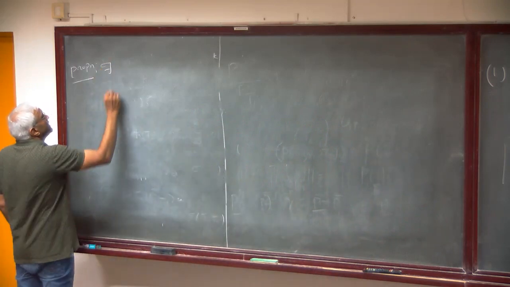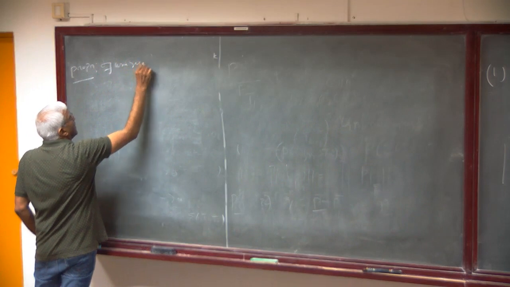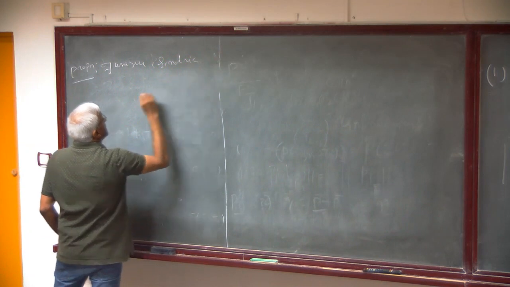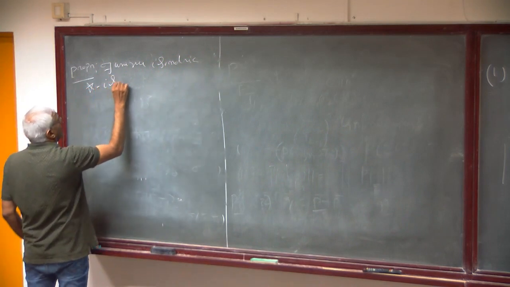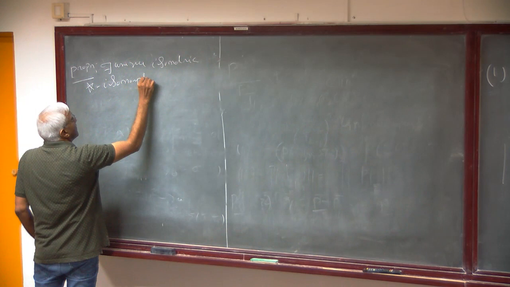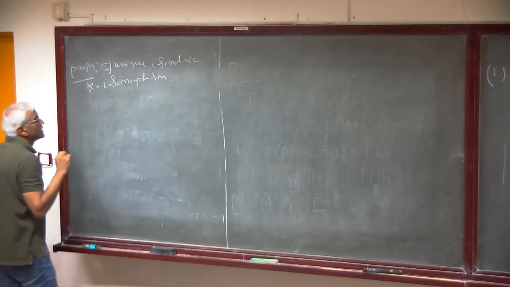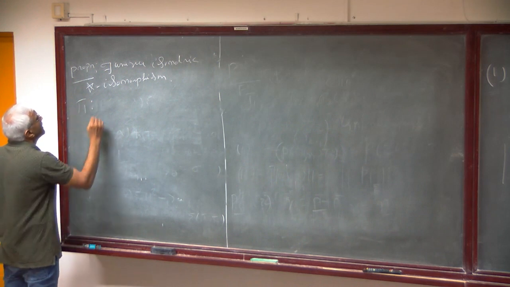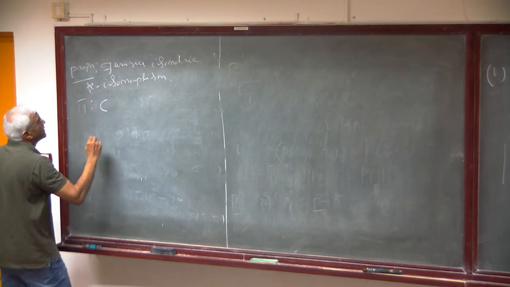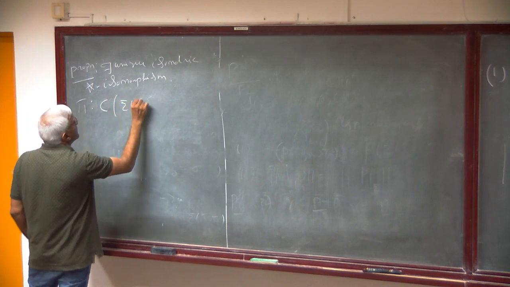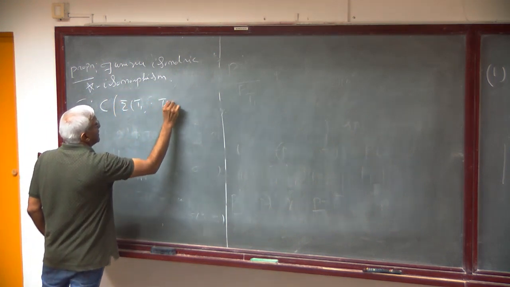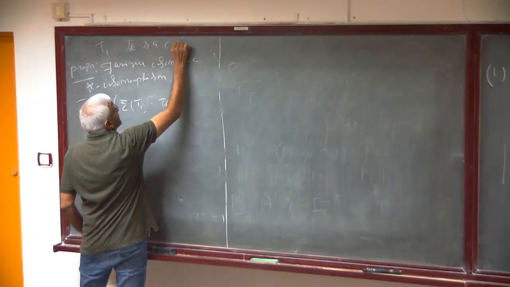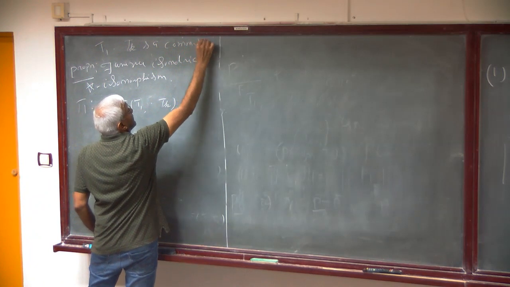There exists a unique isometric star isomorphism, call it phi, from C of sigma of T1 up to Tk. Of course, we assume T1 up to Tk are self-adjoint, commuting, all that.